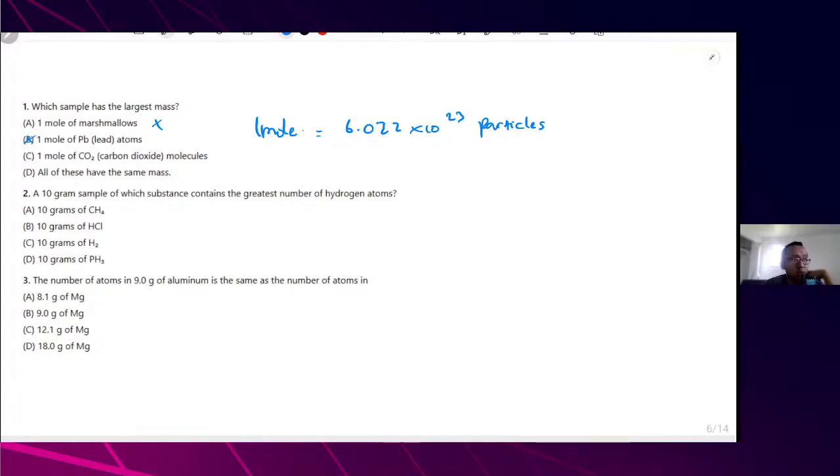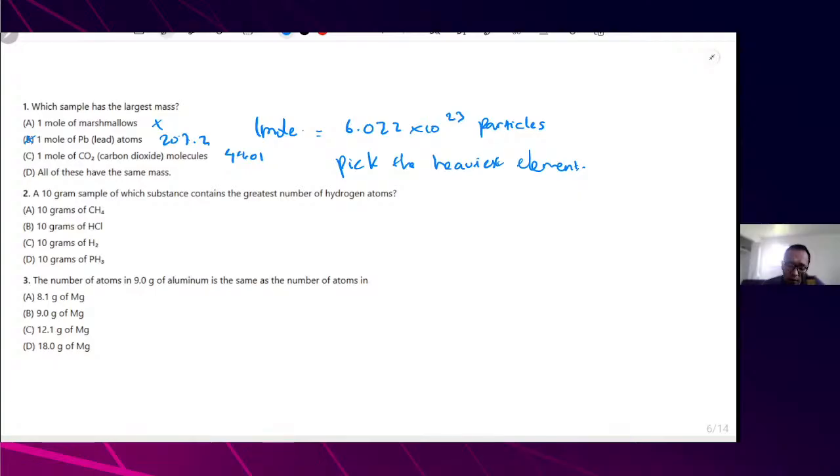Because if you take a look at the Pb, the molar mass is 207.2, and for CO2 it is just 44.01. So pick the heaviest element.